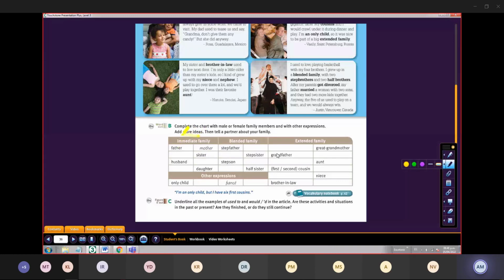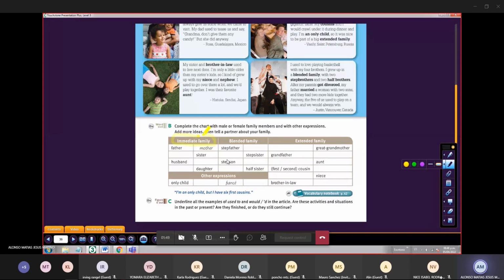Within the immediate family section, we have the people who are closest to us. Okay? The people who are closest to us. For example, the father and the mother. We also have the sister and the brother.